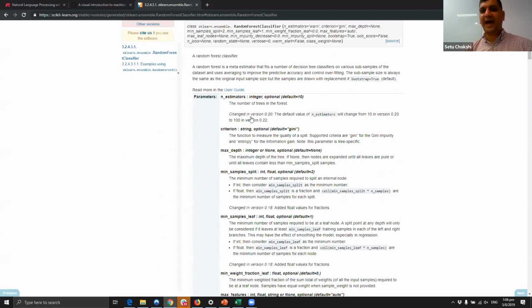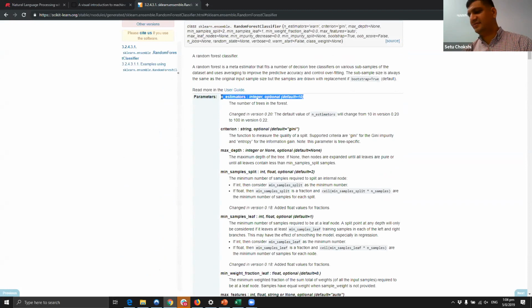Now let's go back and look at how random forest is built. A bootstrap way of building decision trees is one of the ways of looking at random forest. This was an algorithm that came back in 2001, so it's not that old. And let's look at some of these criteria in here.